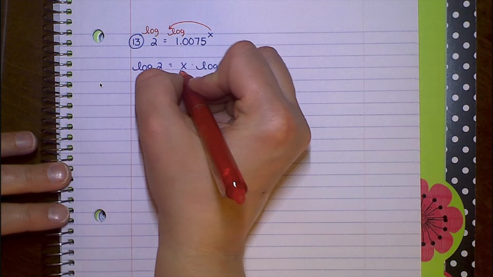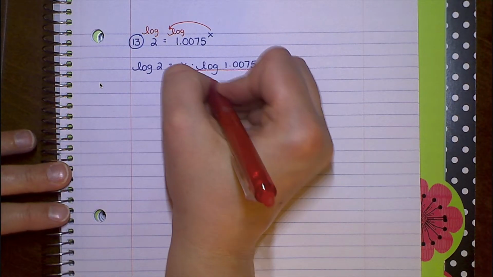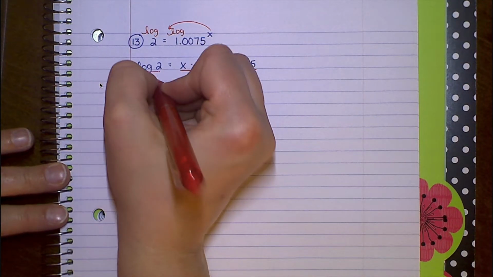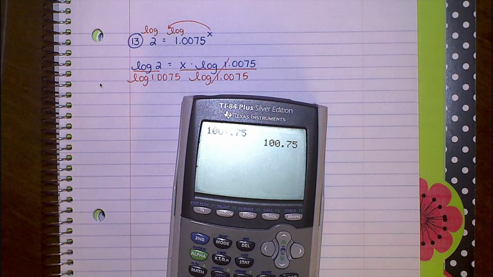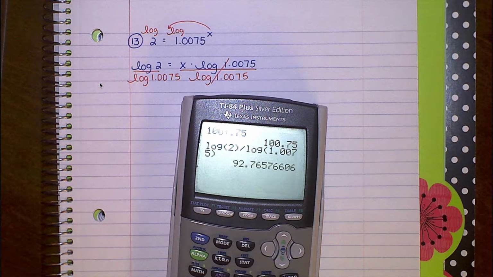Let's divide by that log. Okay, so log 2 divided by log of 1.0075.